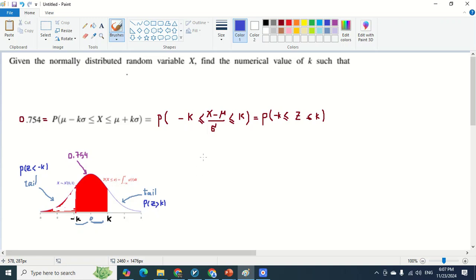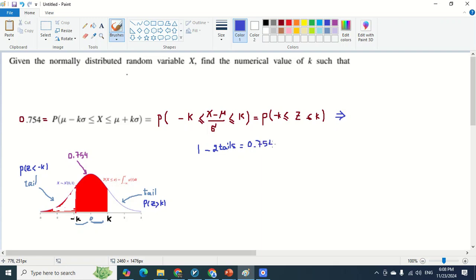In other words, from this discussion that we had at the first line, I can rewrite it as 1 minus 2 times the tails. Let me write it in words first. So 1 minus 2 tails is equal to 0.754. This is the value of the tails.